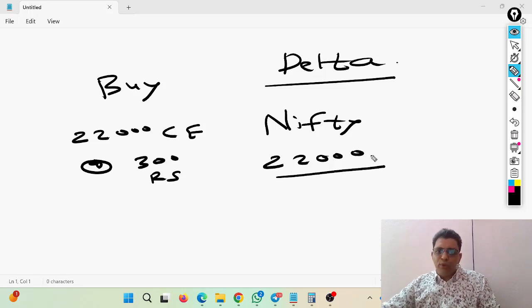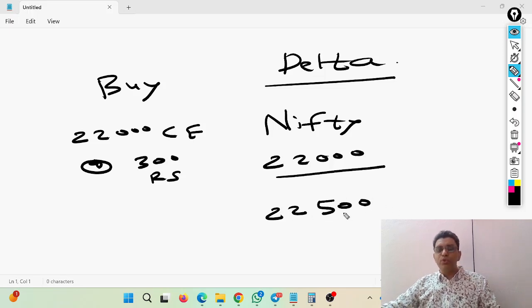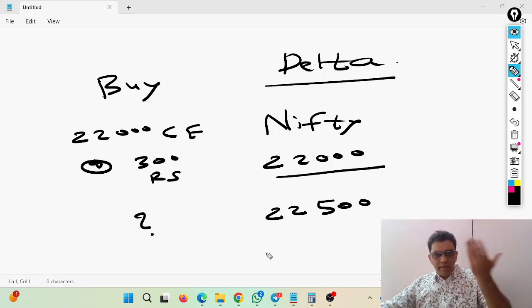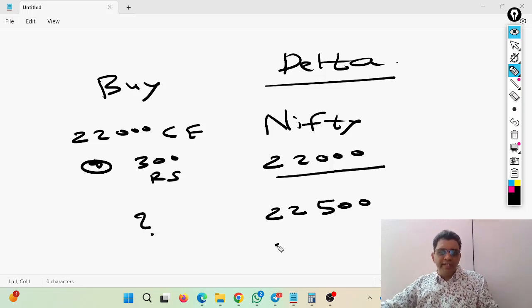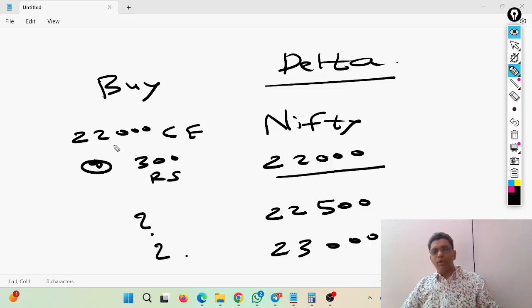If, let's say, tomorrow Nifty goes to 22,500, then what should be the price of this 22,000 call option? Day after tomorrow, if Nifty goes to 23,000, then what should be the price of this 22,000 call option, which I have bought at 300 rupees?